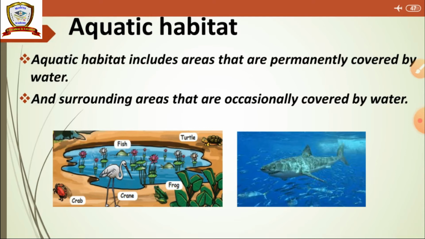In the pond we can see some animals like crab, crane, frog, turtle, fish, insects and snakes. And in the sea water or marine water we can see dolphin, whale, shark, and some sea plants also in the marine water habitat.